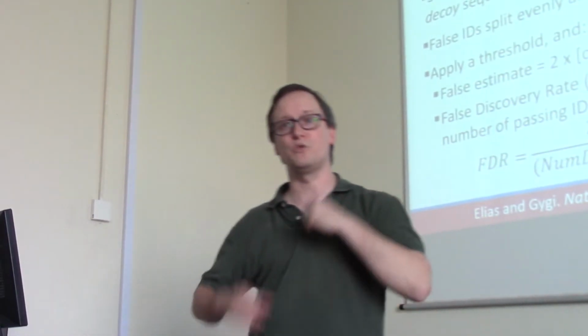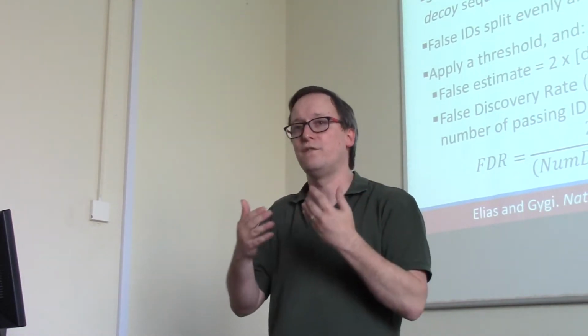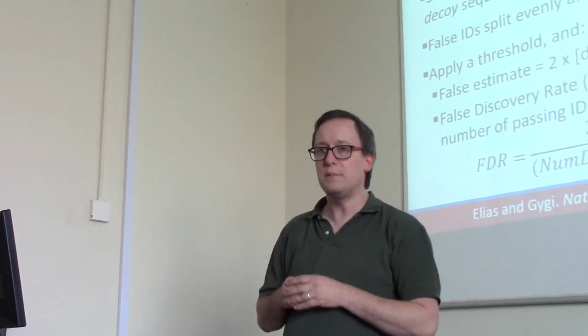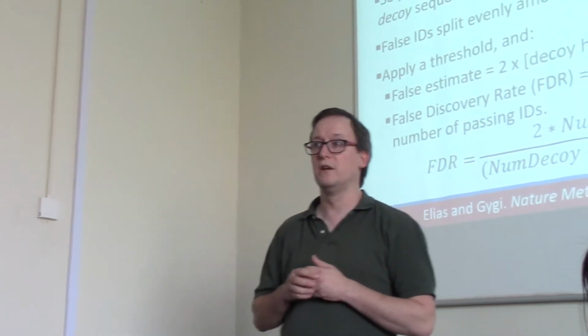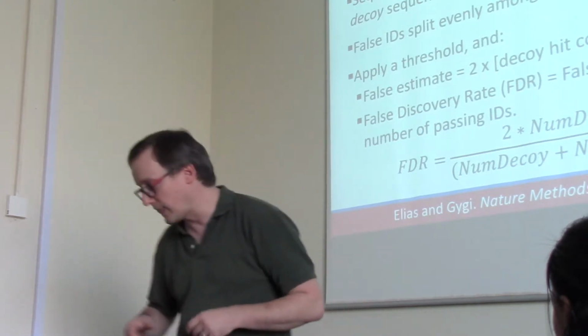So what we're doing is controlling the rate at which we can accumulate false discovery peptide spectrum matches. Typically, you will see people controlling that rate to 2% or lower false discoveries.